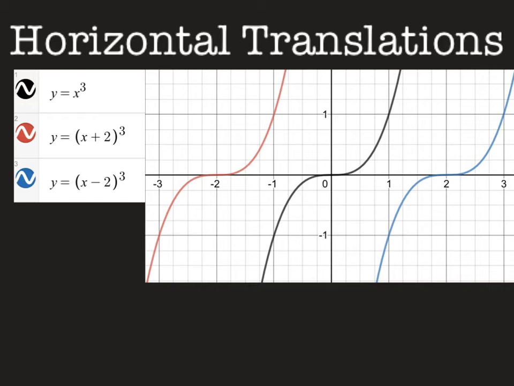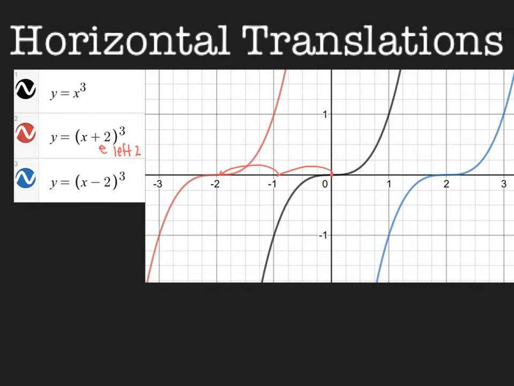And with h, we had that weird little rule where it said think opposite. So this plus 2 right here is telling me that it's going to the left 2 units. So you can see if I were to take my original center point here and moved it to the left 2 units, you can see my whole graph was slid over 2 units.